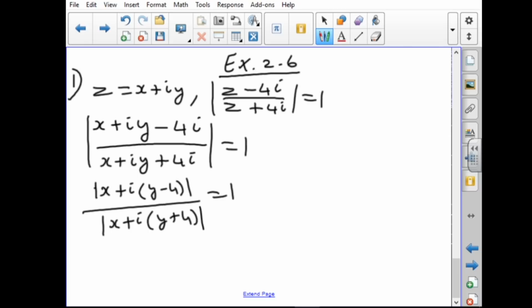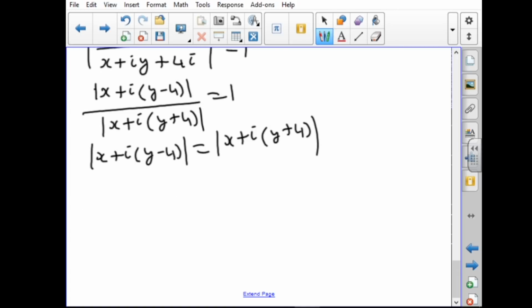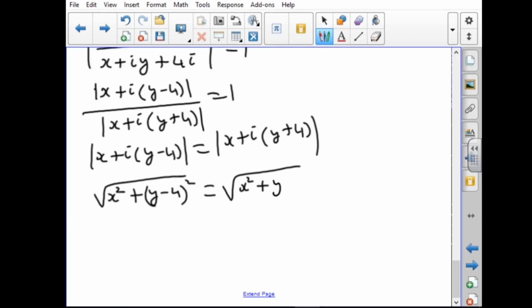So cross multiplying we get modulus of x plus i into (y minus 4) is equal to modulus of x plus i into (y plus 4). Now we know modulus of x plus iy is equal to root of x square plus y square. So this gives root of x square plus (y minus 4) the whole square is equal to square root of x square plus (y plus 4) the whole square.